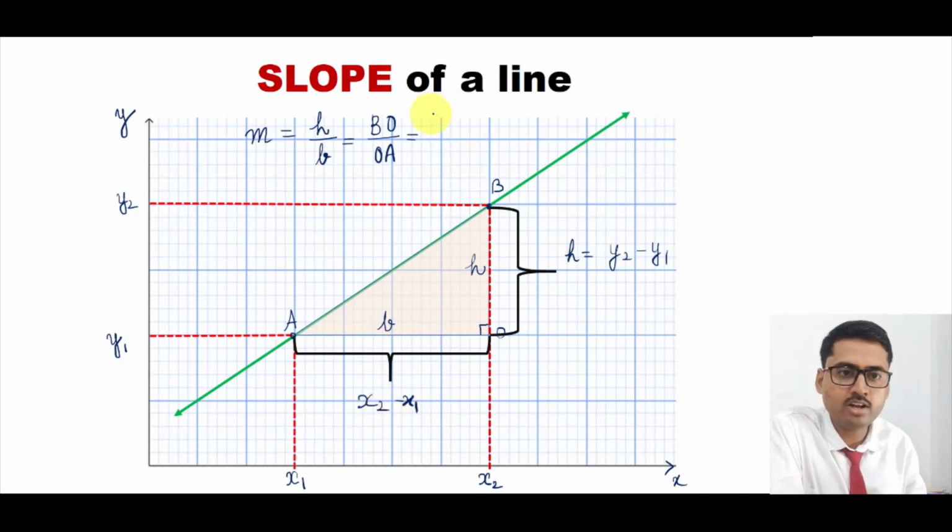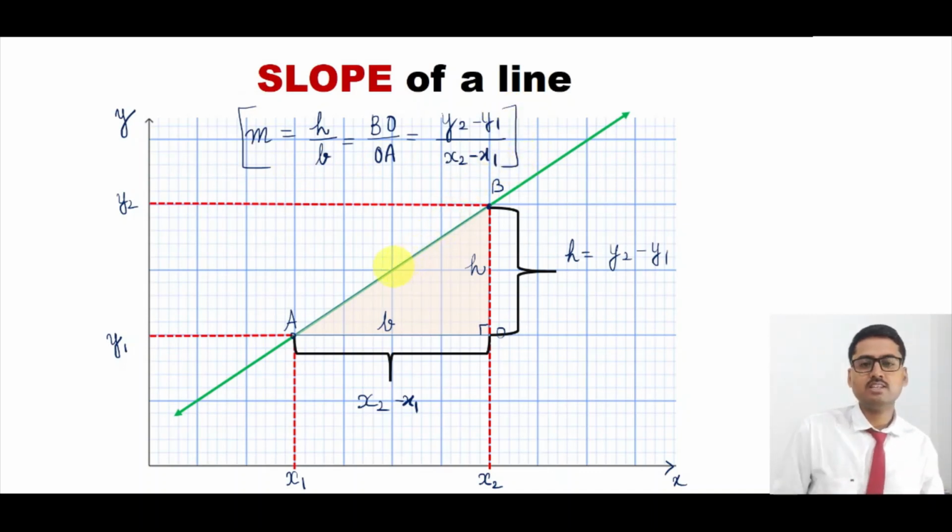So we can write that the length BO is y2 minus y1 and the length OA is x2 minus x1. This is the general formula for finding slope.